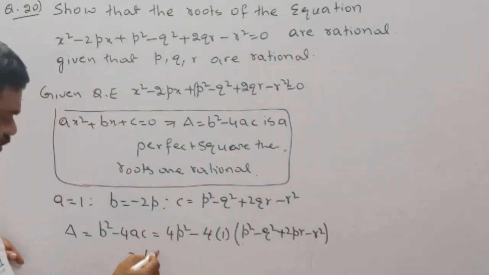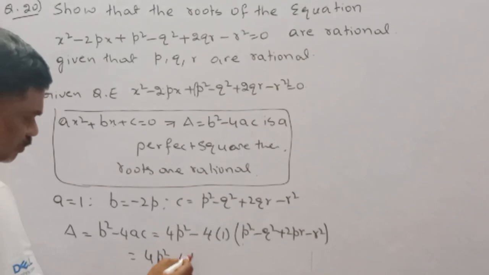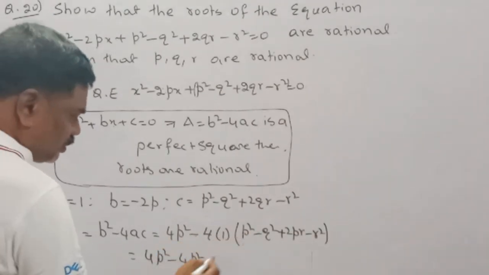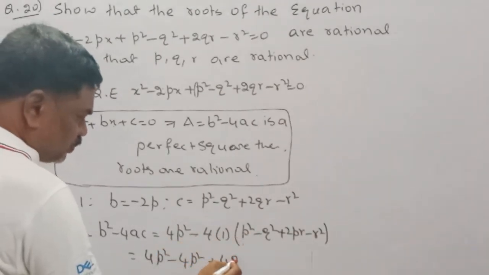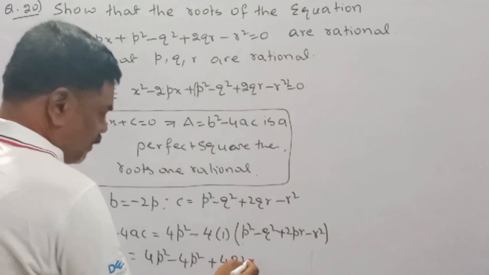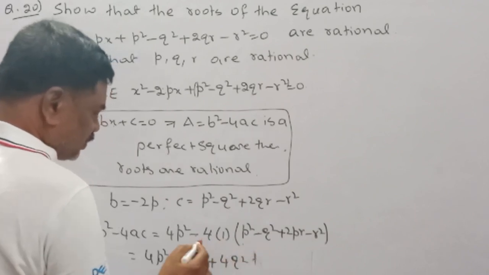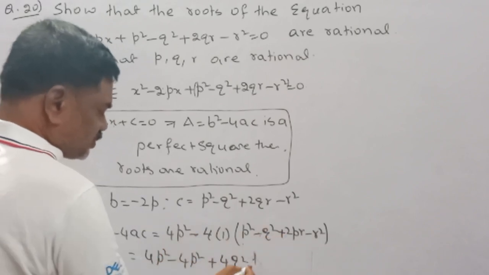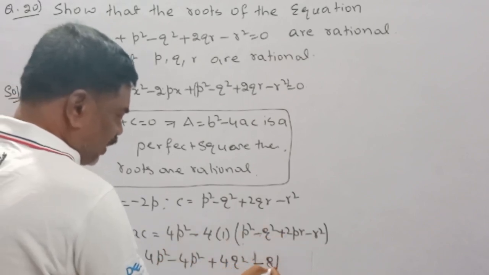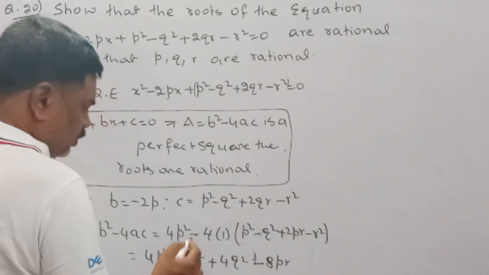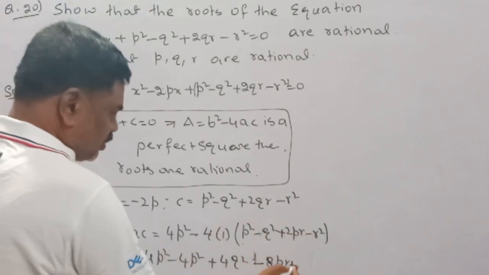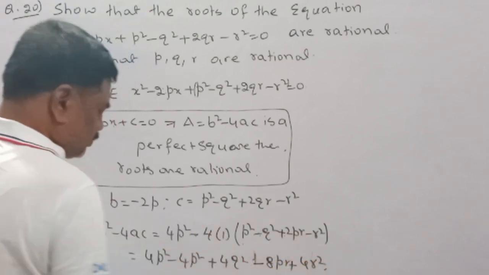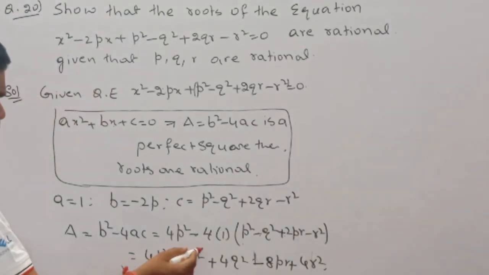So this is 4p square minus 4p square plus 4q square, minus 8qr plus 4r square. 4p square minus 4p square cancel.